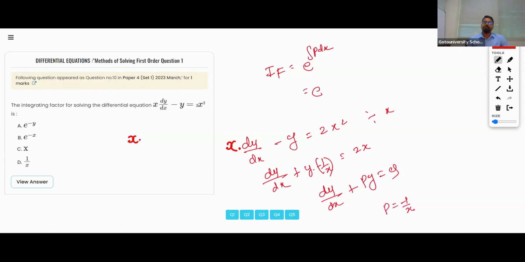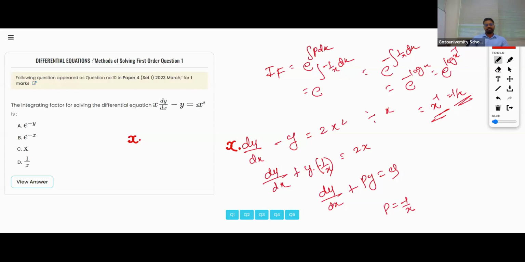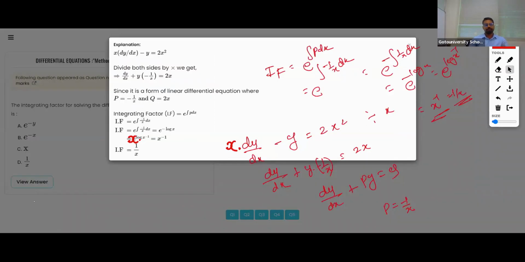So what we get is e power integral of minus 1 by x dx, which is e power minus log x, which is e power logarithm of x power minus 1, which is x power minus 1, which is also equal to 1 by x. Then what is our integrating factor? Integrating factor is simply 1 by x, isn't it? Shall we check the answer? Yes, finally we have got 1 by x.